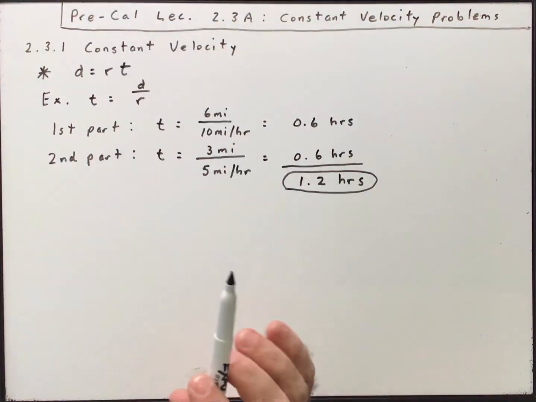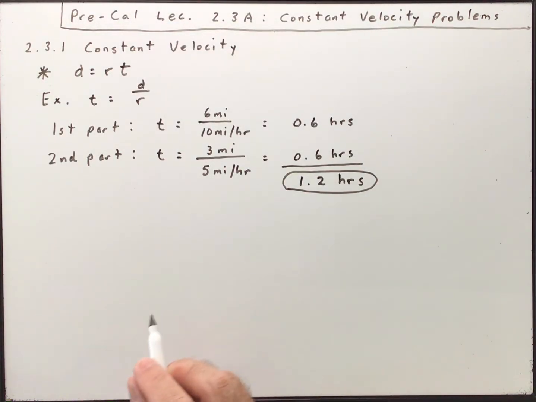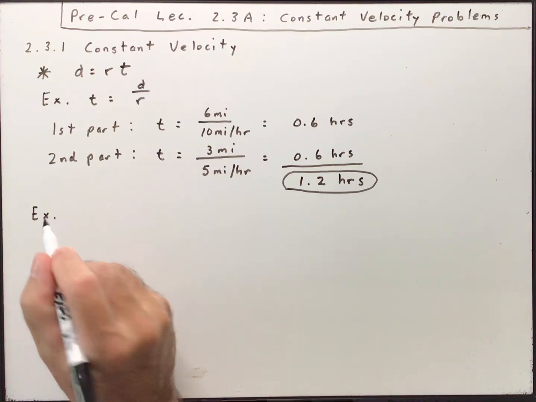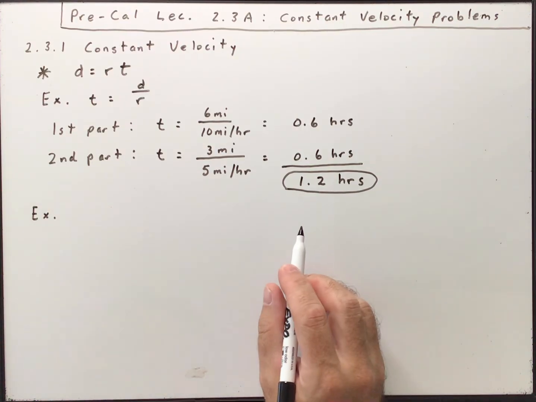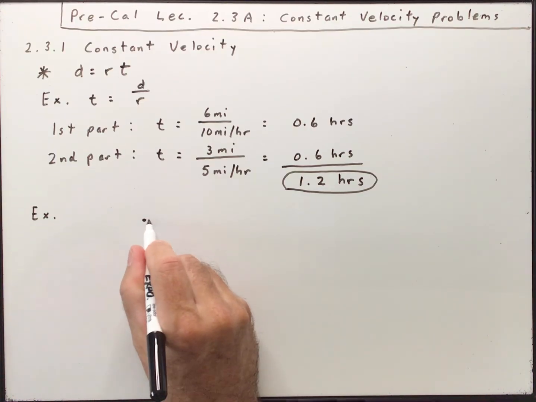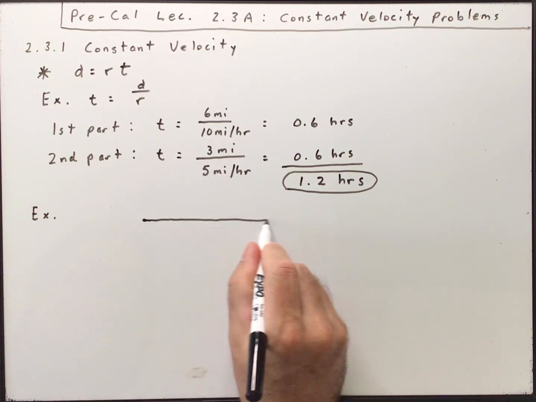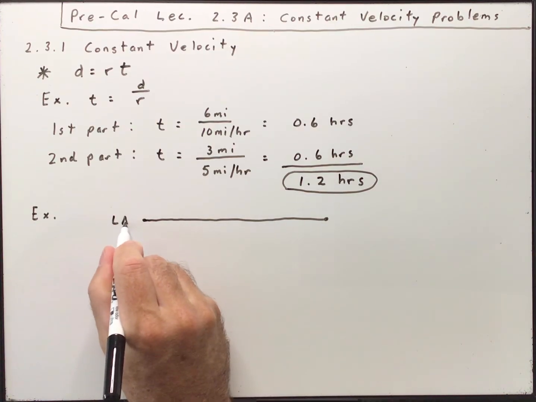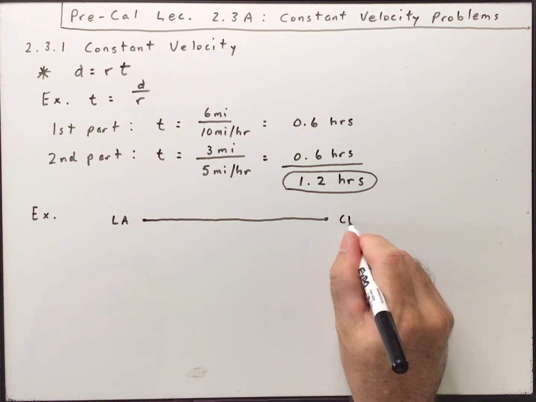Well, you don't have to do this, but I'm going to go ahead and draw a picture of this situation, kind of on a time and distance line. So let's say this is Los Angeles, and this is Chicago.